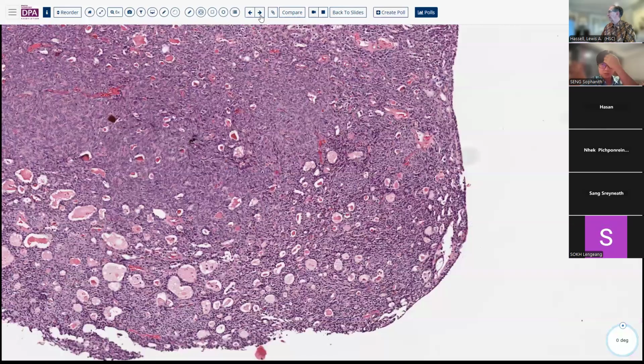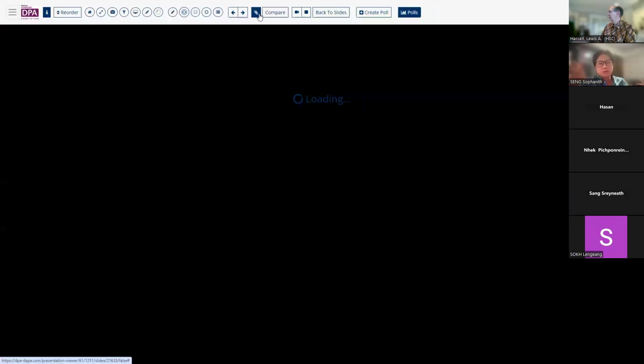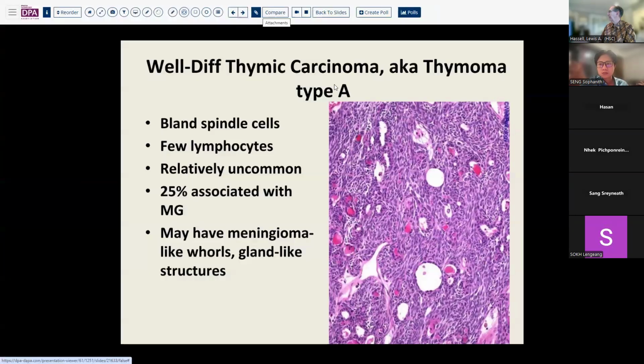And so we might classify this as thymic neoplasm type A, which, as you can see here, can have these small follicular structures, well-defined bland spindle cells. And the important thing here is that this is more frequently associated with myasthenia gravis, and it may have occasional areas like, as you can see here, sort of glandular formation, which we've talked about.